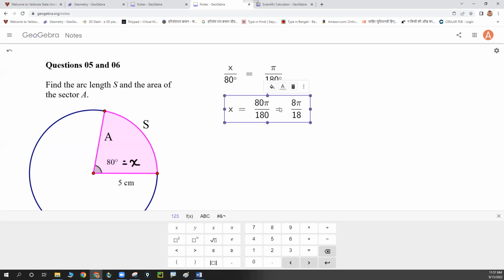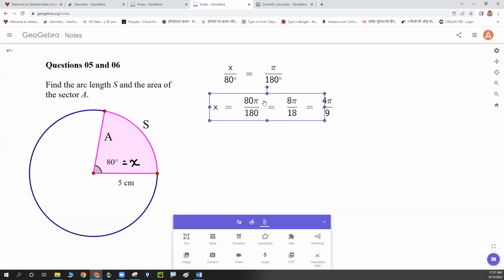Well, you can do even better. You can divide both top and bottom by 2. If you divide the top by 2, you're going to get 4. Dividing the bottom by 2, you're going to get 9. And that's something you have to use later. So basically, 80 degrees is 4/9 of pi.